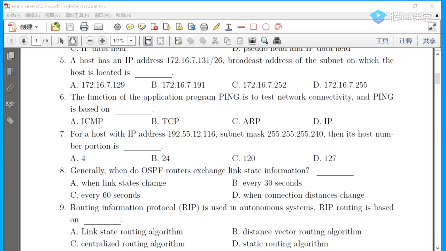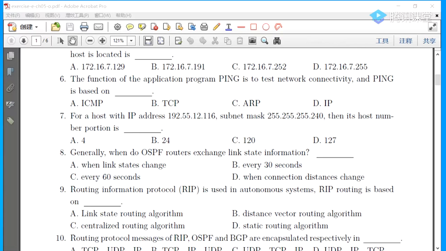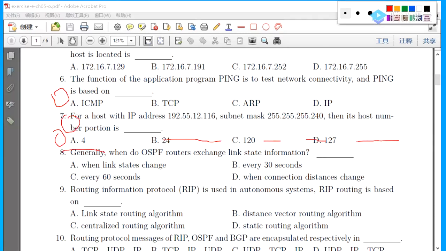Okay, I will illustrate how to calculate question 7. A host with IP address 192.55.12.116 and the subnet mask is 255.255.255.240. We should turn 240 into binary notation.